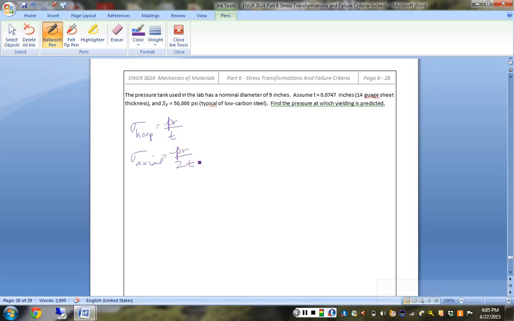And if we draw this arbitrary stress state in a pressure vessel, what do we have going on? We have hoop in one direction, that if we're blowing up the pressure vessel with positive internal pressure, we know it's stretching this way. I guess I should reverse these, but it doesn't really matter.